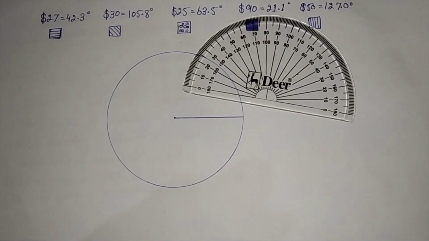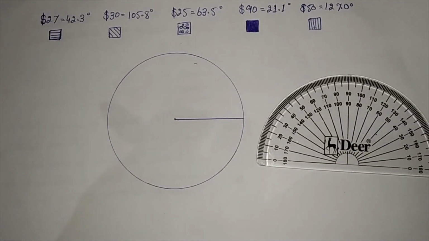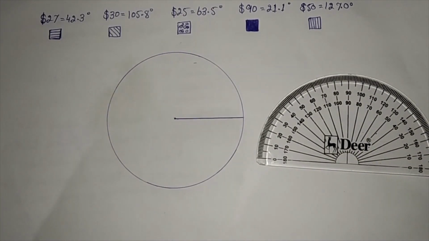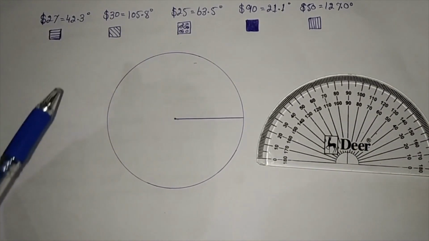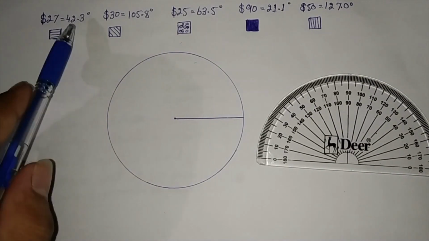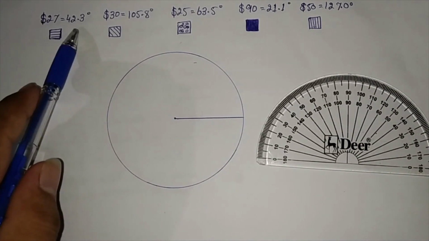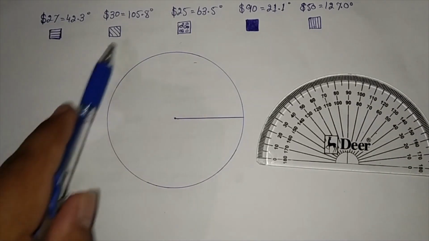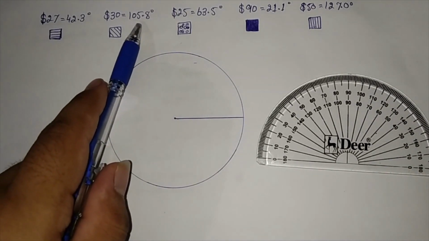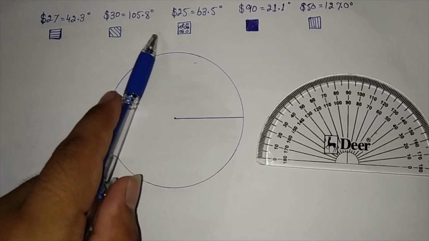Okay, so actually here we have to draw an angle of 42.3 degrees. Because these are in decimals, you can round off the degrees. Here we have 42.3 degrees, so we can write 42 degrees only. Here we have 105.8 degrees, so we can write it as 106 degrees.